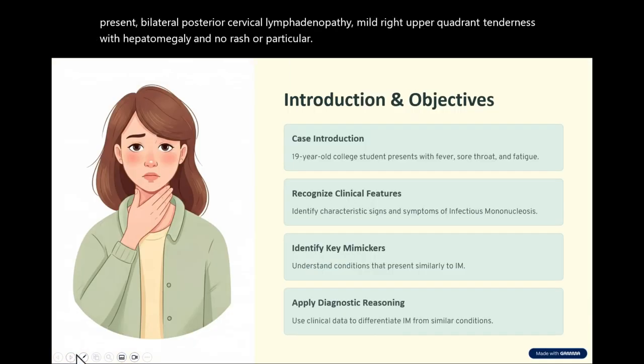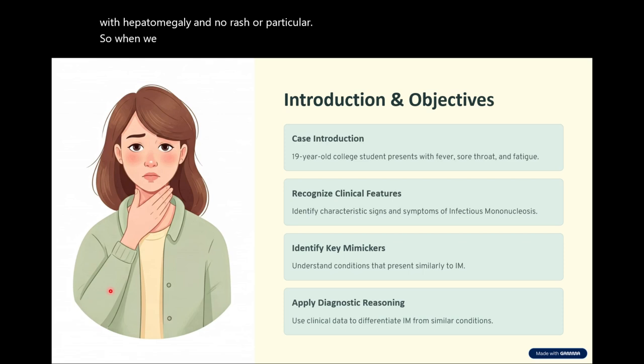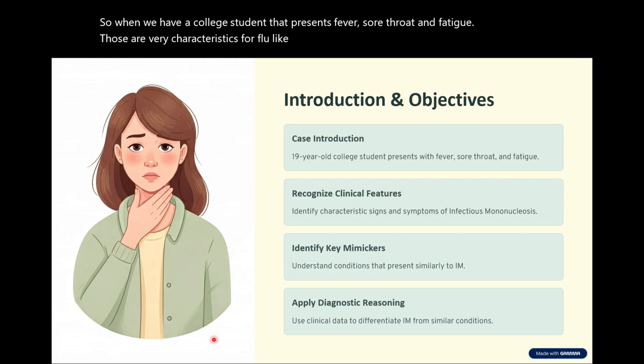So when we have a college student who presents with fever, sore throat, and fatigue, those are very characteristic of flu-like symptoms. Specifically, we need to rule out infectious mononucleosis as the first differential diagnosis.